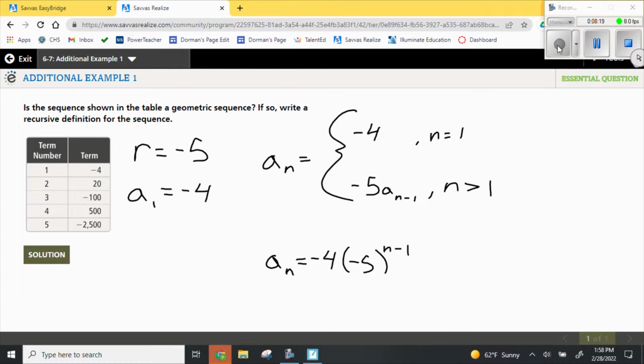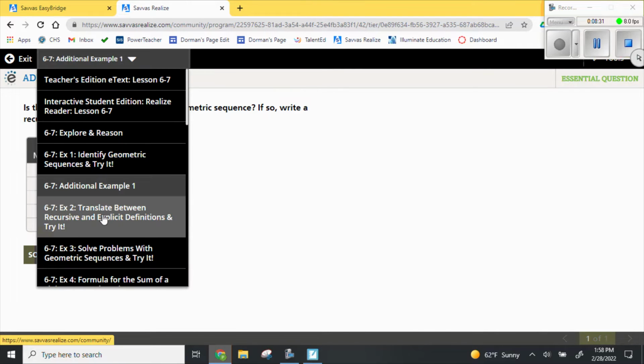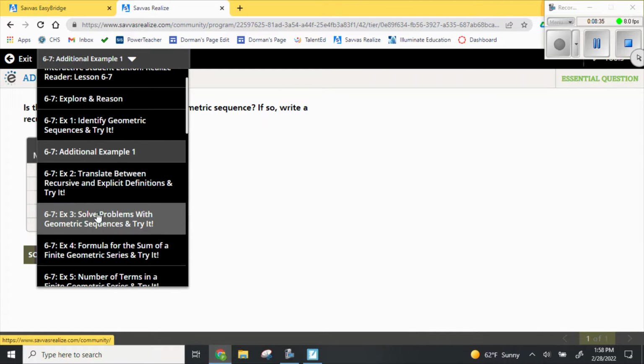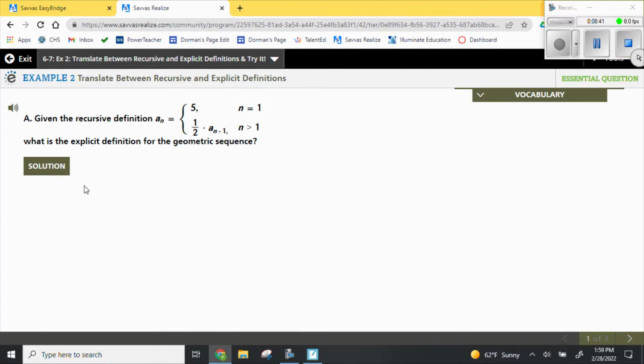All right, let's get into something a little different real quick. Here we go. All right, so if we're given this recursive definition, let's write the explicit definition for it.